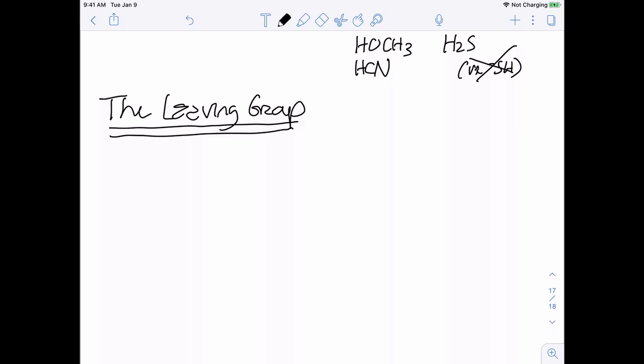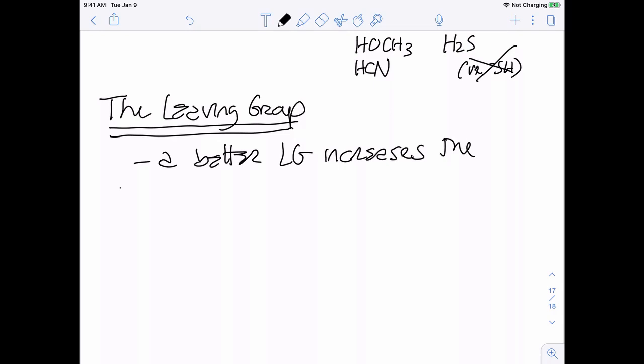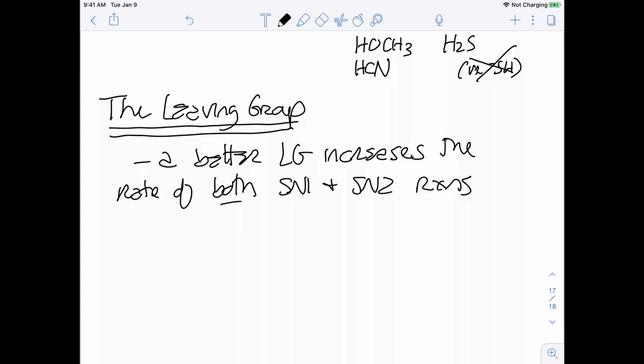So better leaving group ability increases the rate of both SN1 and SN2 reactions. It's part of the rate determining step for both.